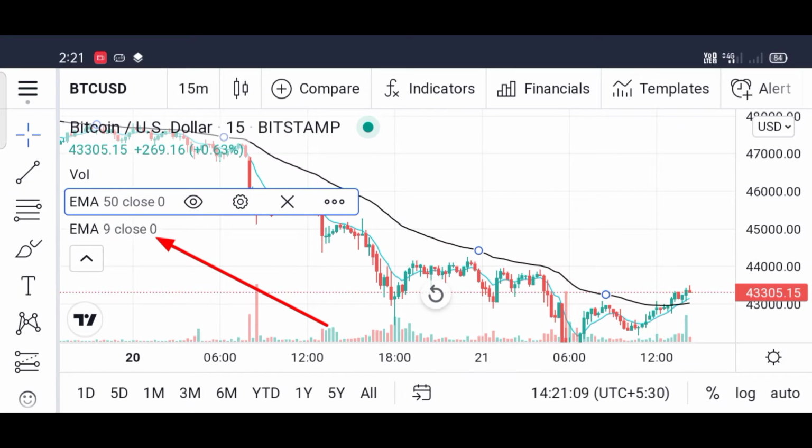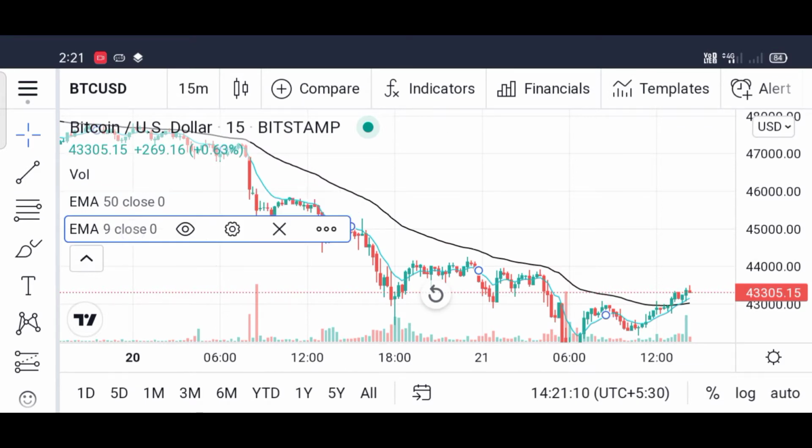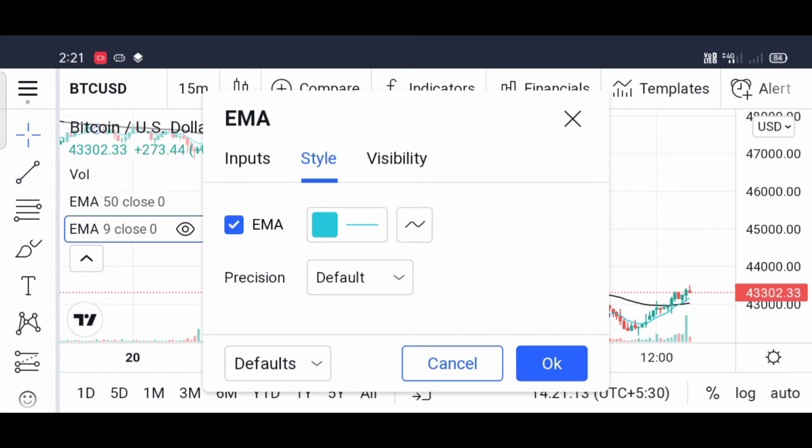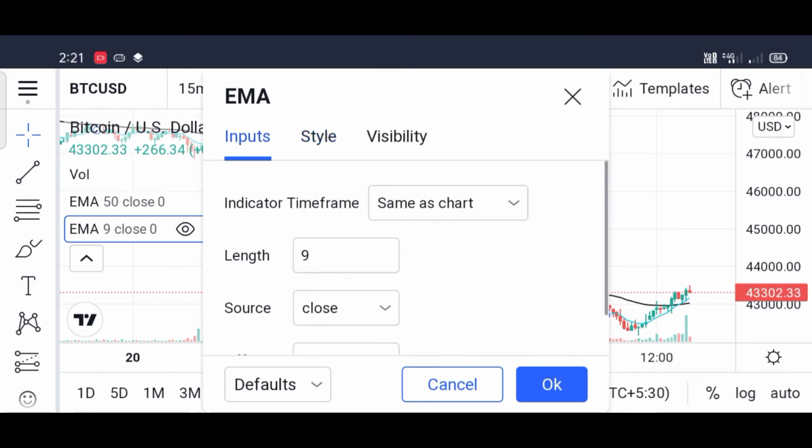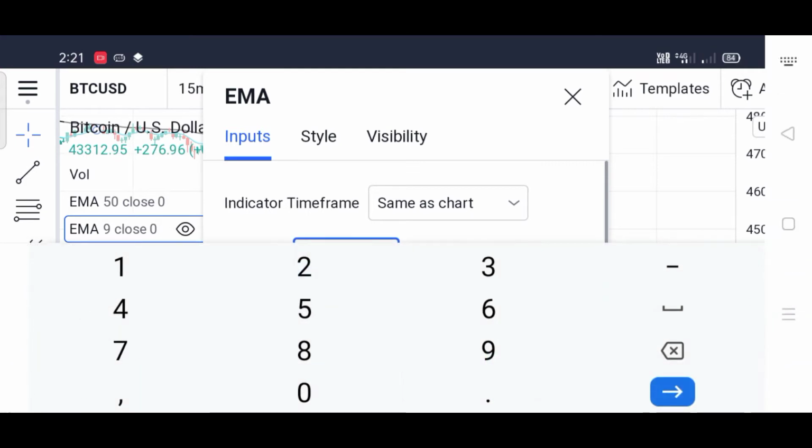Now go to second EMA. Select settings. Go to inputs. Enter 200 in length.